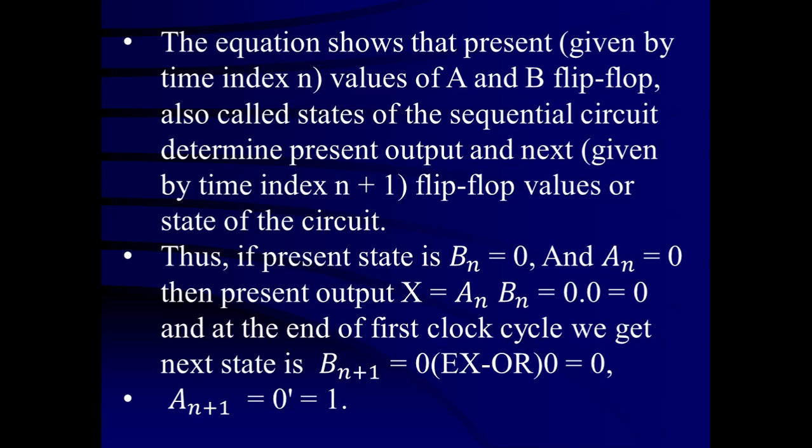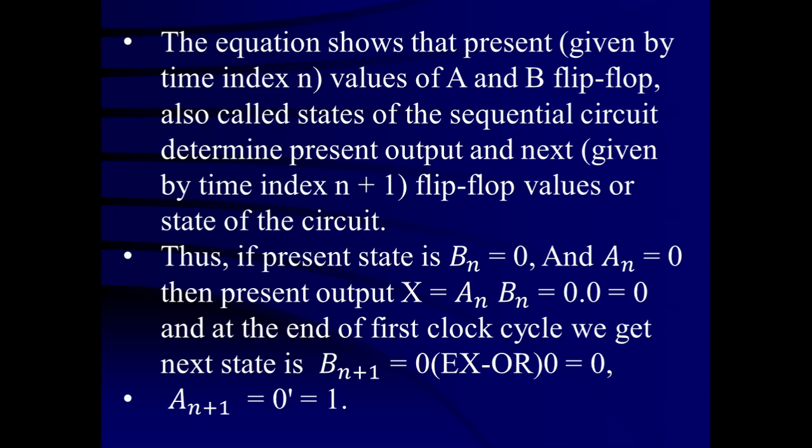Thus, if the present state is Bn equal to 0 and An equal to 0, then the present output X is equal to An Bn, that is 0 times 0, which is equal to 0. That means we now start the circuit analysis, and in circuit analysis we start with some initial conditions.